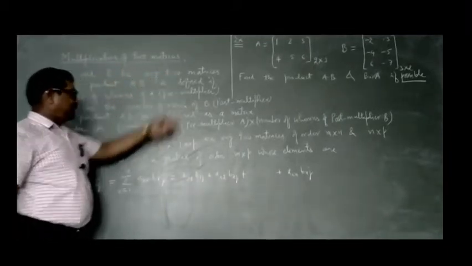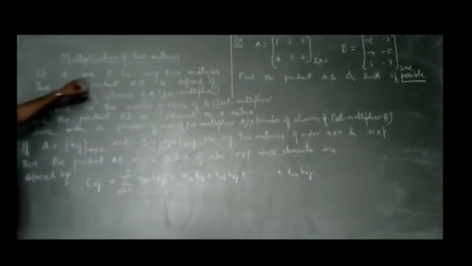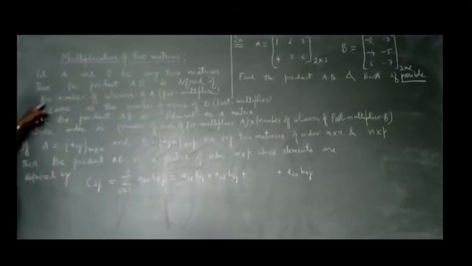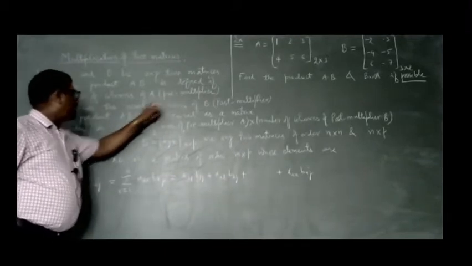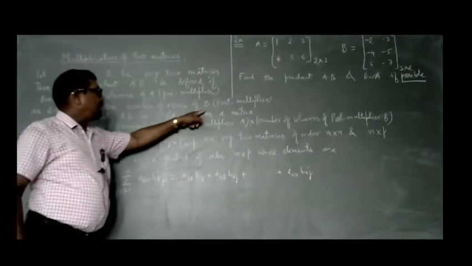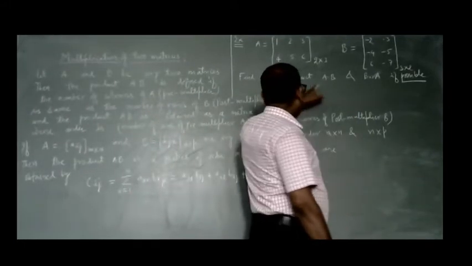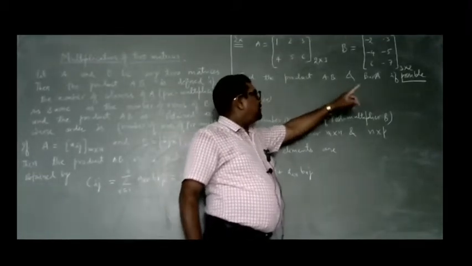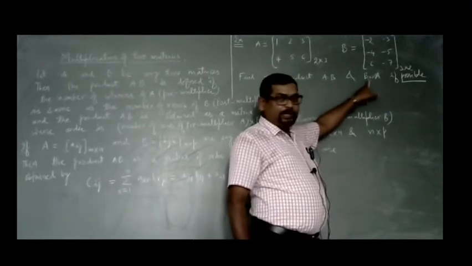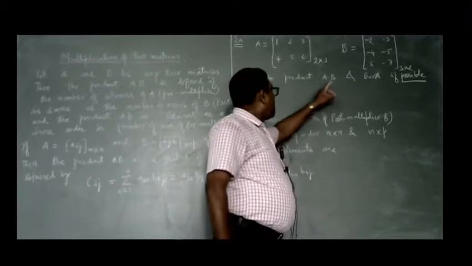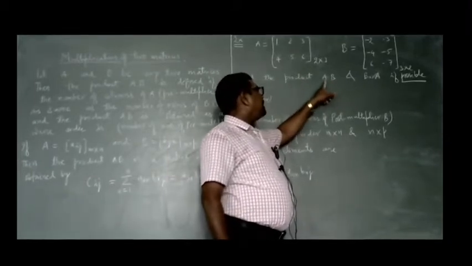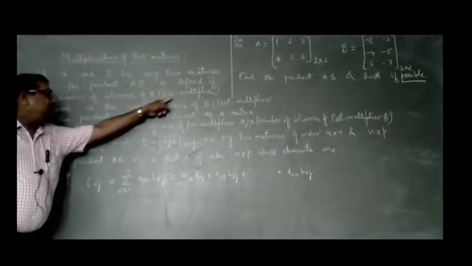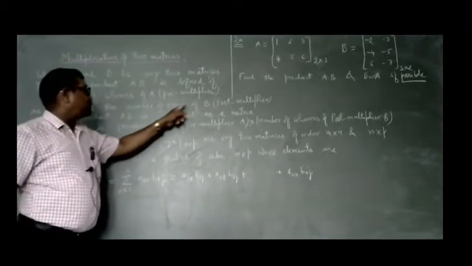Multiplication of two matrices has been explained here. If A and B are any two matrices, then the product of A and B is defined if the number of columns of A, the pre-multiplier, is the same as the number of rows of B. When you find the product AB, the pre-multiplier matrix is A and the post-multiplier matrix is B. Whereas when you find the product B into A, the pre-multiplier is B and the post-multiplier is A. Look at the definition: the number of columns of the pre-multiplier must be the same as the number of rows of the post-multiplier.